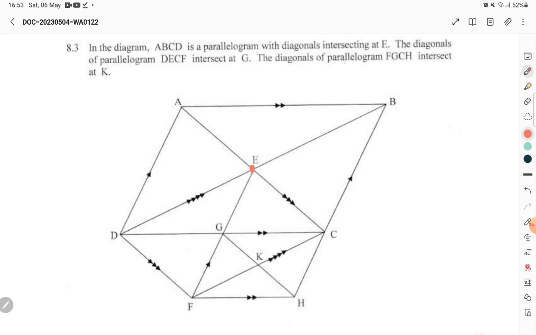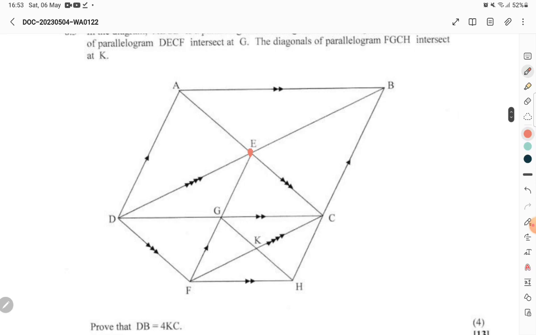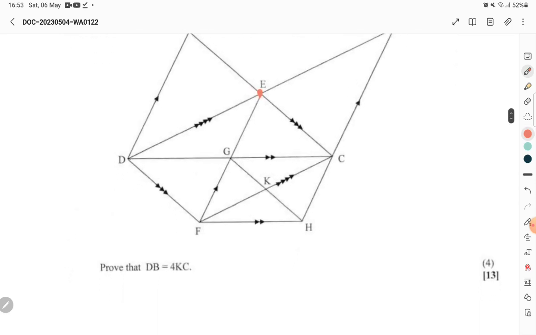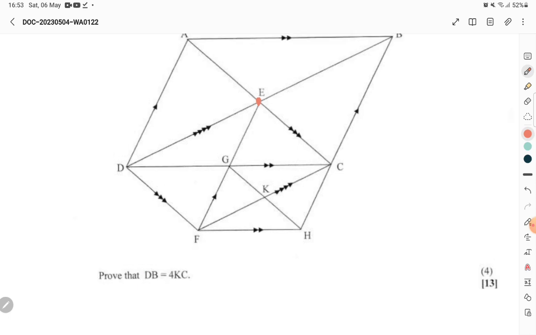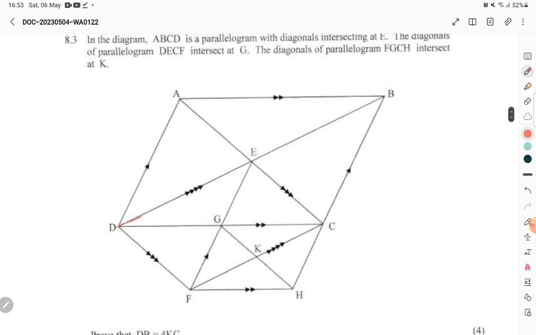The diagonals of parallelogram FGCH intersect at K. Then the idea is to prove that DB is equal to 4KC. So the length of DB is KC multiplied by 4.